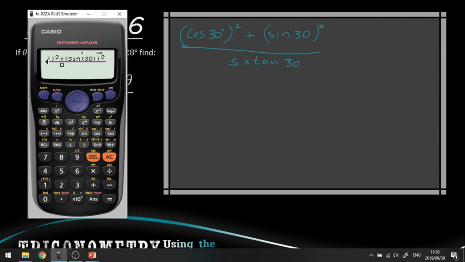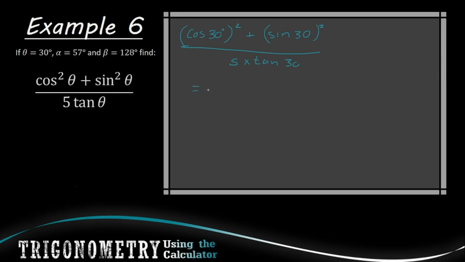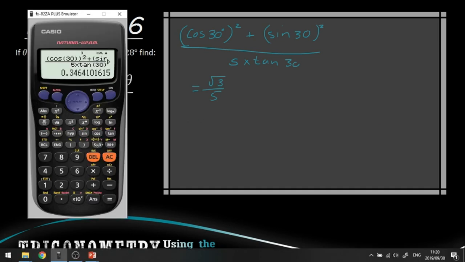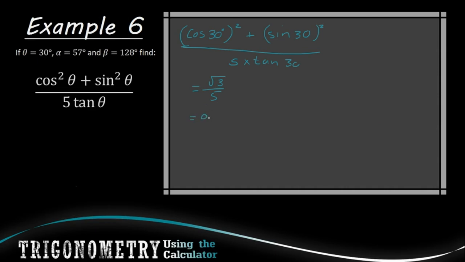Going down to the denominator, we have 5 times by tan of 30, and this is the square root of 3 over 5. And if we put it to 2 decimal places, we just press SD, and we have 0.35 if we round it off to 2 decimal places.